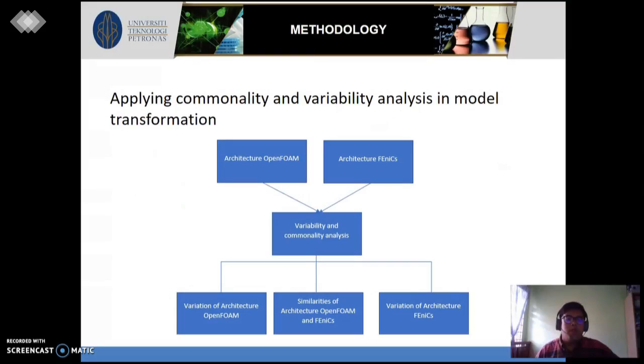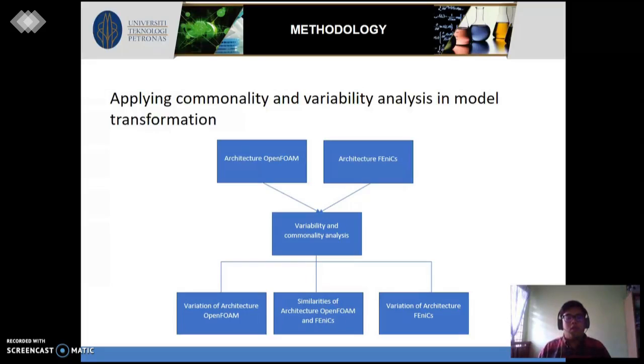By applying commonality and variability analysis in this model transformation, as we can see here, there is a first architecture, Aform, and a second architecture, which is the architecture from Phoenix. These two will undergo variability and commonality analysis.